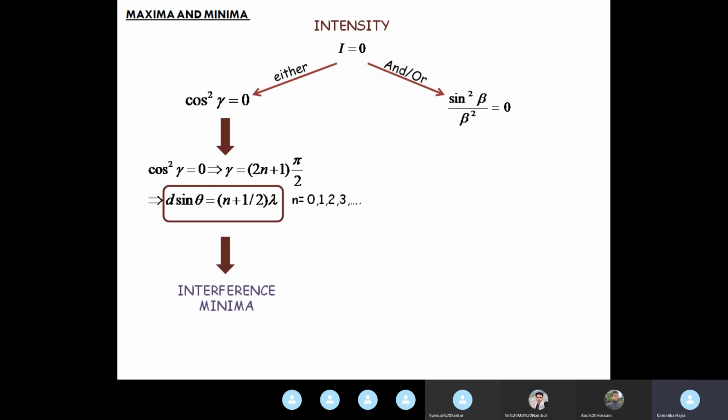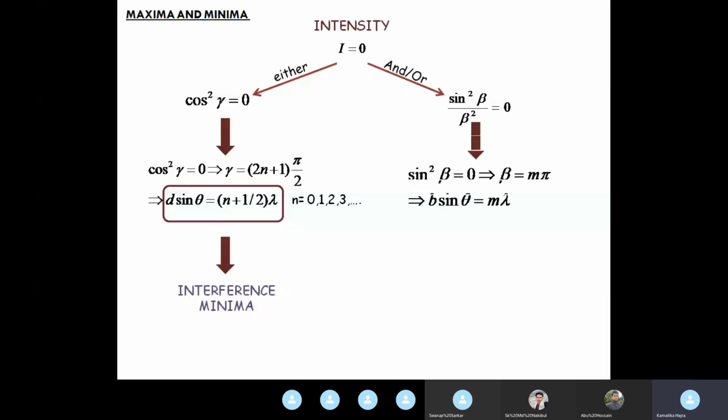D sine theta equal to n plus half lambda is the condition for interference minima. So all the positions at which the interference minima will occur will also be the positions of minima for double slit diffraction pattern, because the intensity goes to 0 at those points. And intensity goes to 0 means you will have to find a dark fringe over there.